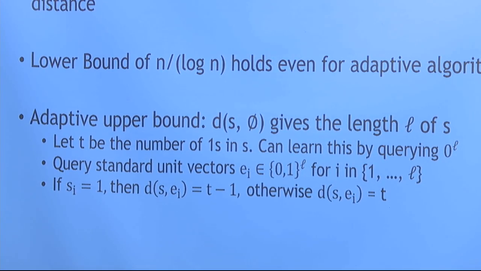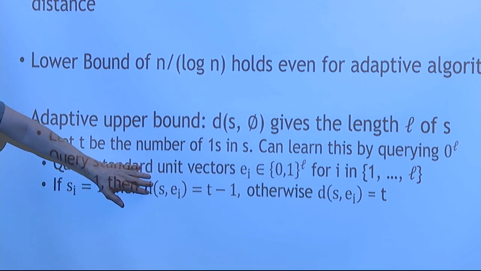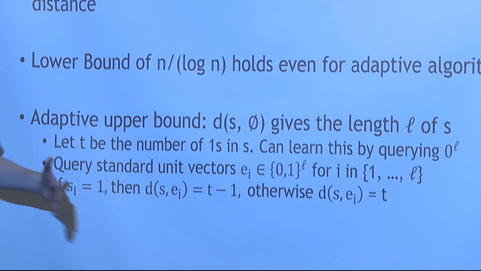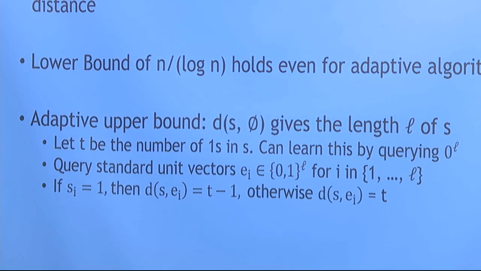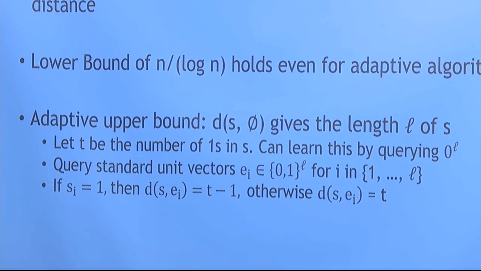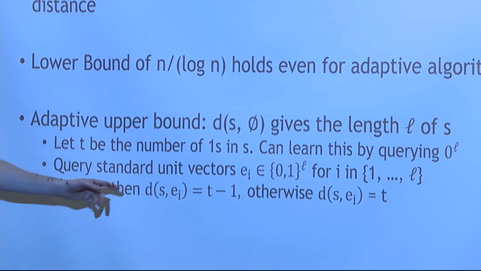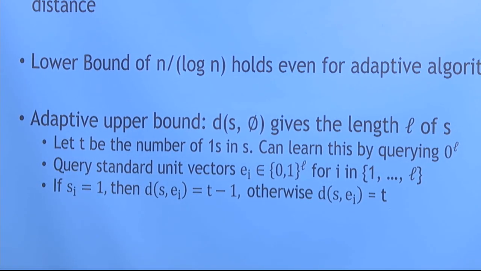The point here is S has T ones, and you're trying to transform it to a string that has a single 1 and is of the same length. If you try to delete a character, that's great. You might delete one of the ones, so you're making progress towards EI, but you've changed your length. So then you have to insert a character back.